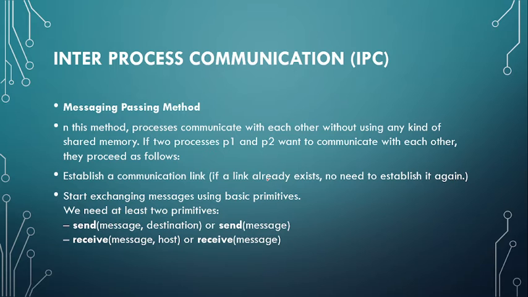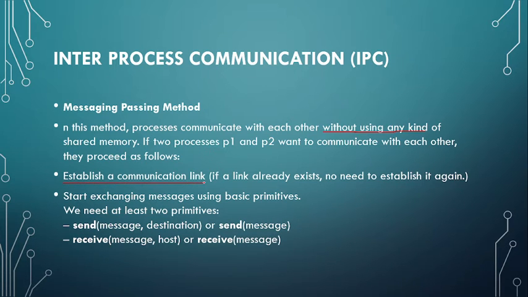And the second method is the message passing method. In this method, processes communicate with each other without using any kind of shared memory. If process 1 and process 2 want to communicate with each other, they proceed as follows. They establish a communication link.